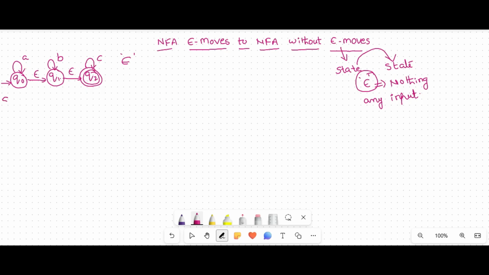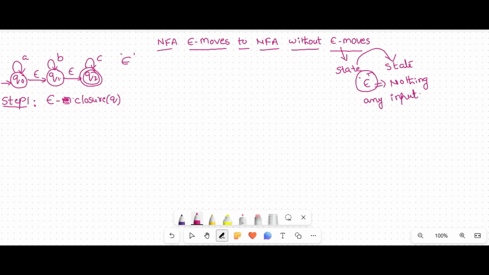Now, what is the procedure for this conversion? First, we have to find out the epsilon closure. What is our first step? We have to find out the epsilon closure of each state.